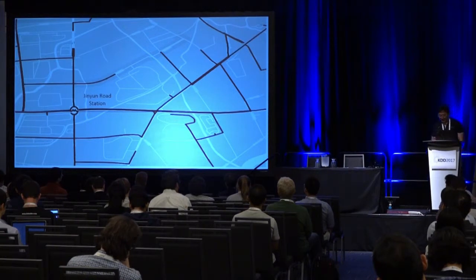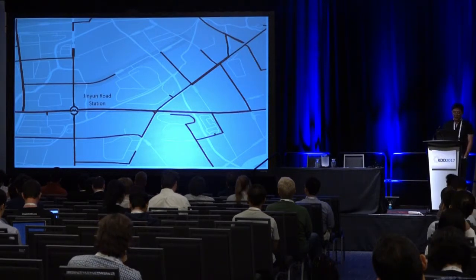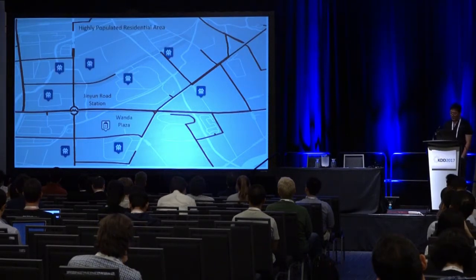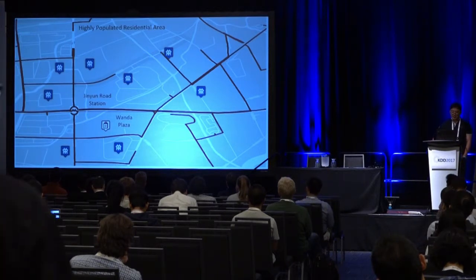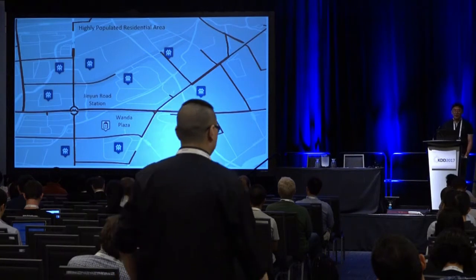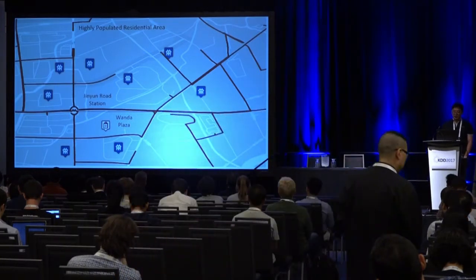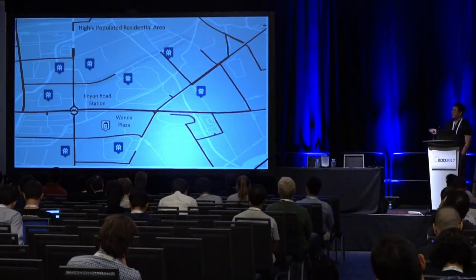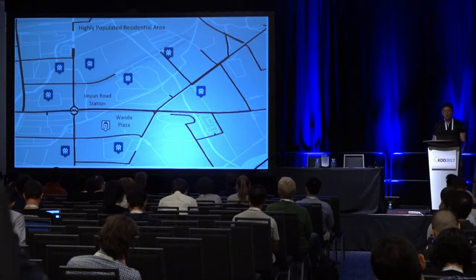This is a terminal station of subway line 13 in Shanghai. It's Jingyun Road Station, and around it there are very many highly populated residential areas, and also a very big shopping mall, Wanda Hongqiao Plaza. All these things happen within a radius of 2 kilometers.